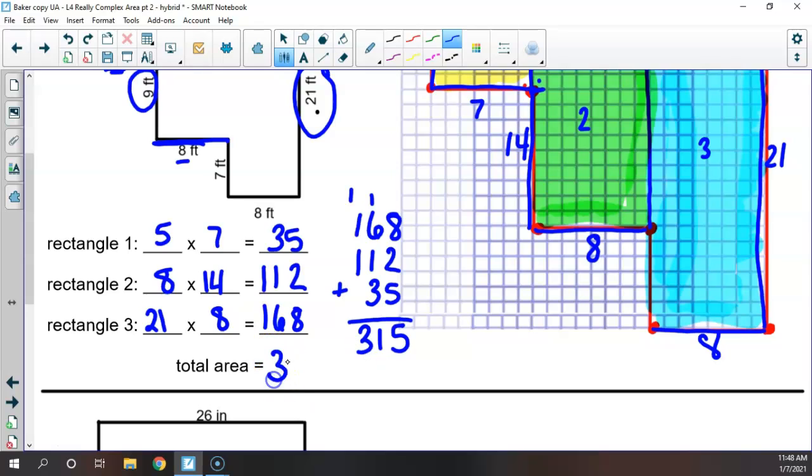So the total area would be 315 square, and I do have a unit, it's square feet. So I better highlight that since it's running into each other here. My answer would be 315 square feet.